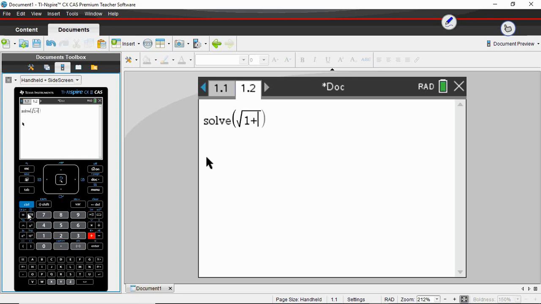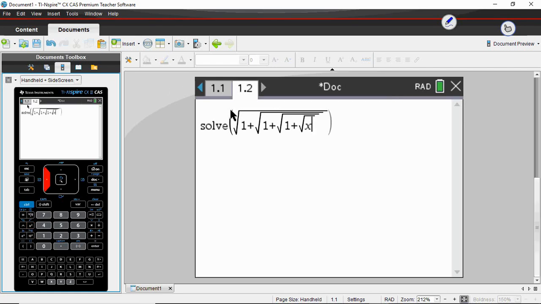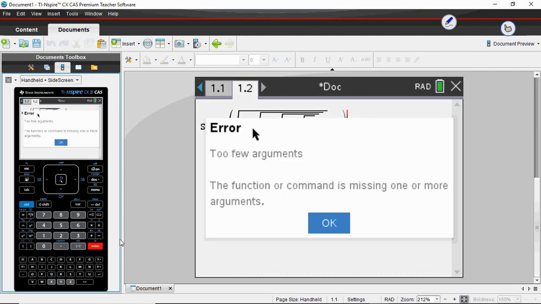So it's 1 plus square root, keep going. And then right now my cursor is still underneath the final most inside radical, so I need to click to the right a few times until I can get it out of there. And then we're setting that equal, so the equal sign's right here, to 2. Now if I just enter this, it's not going to work.